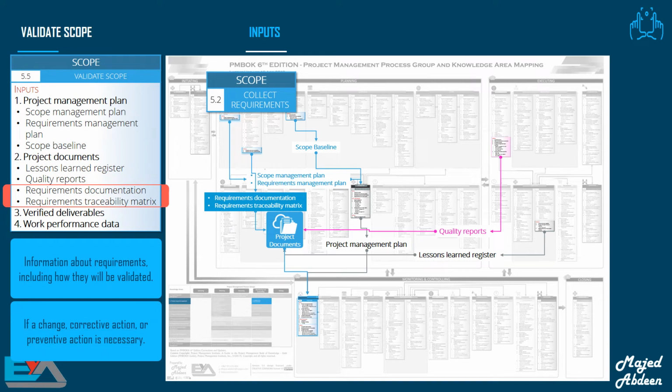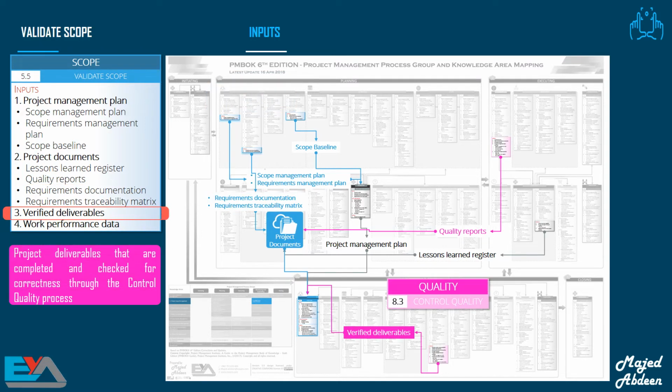We compare requirements to the actual results to decide if a change, corrective action, or preventive action is necessary. And we also want the requirements traceability matrix, which contains information about requirements, including how they will be validated. It is to track where requirements came from and prove that requirements were achieved.